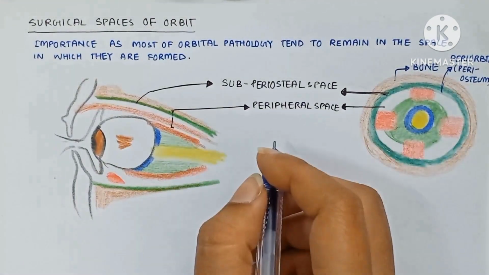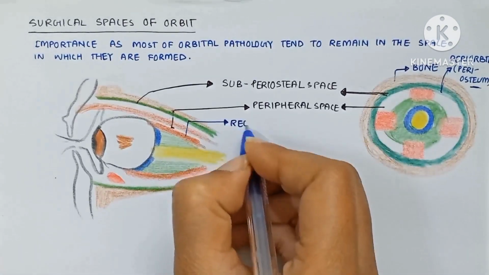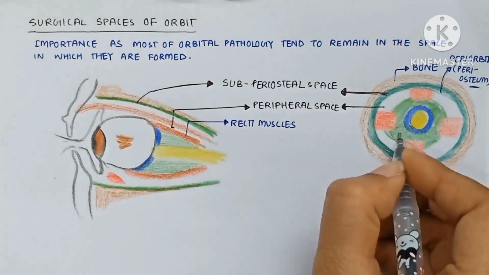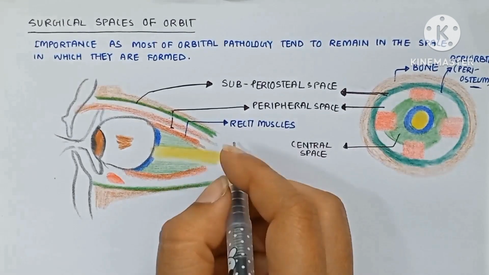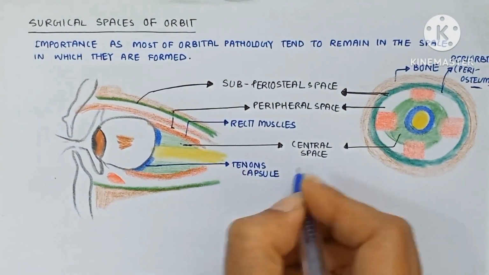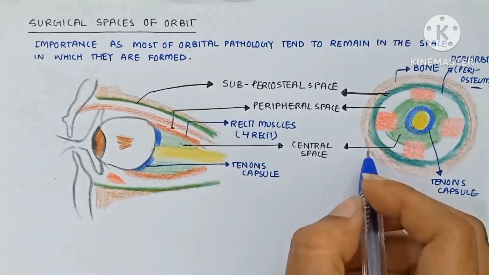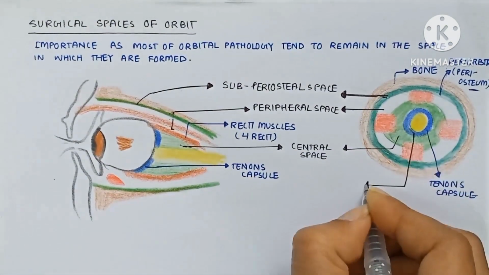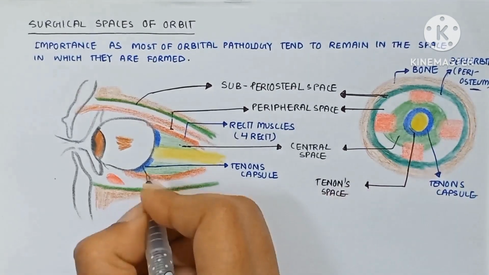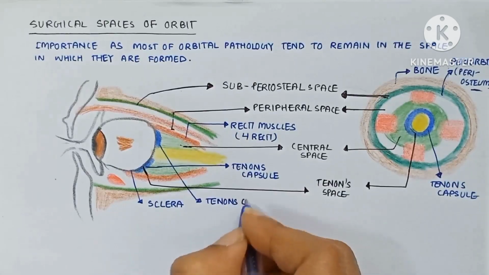It is bounded peripherally by the periorbita and internally by the four recti. This is the central space, also known as the muscular cone or retrobulbar space. It is bounded anteriorly by Tenon's capsule and peripherally by the four recti muscles. Now this is Tenon's space. It is a potential space around the eyeball between the sclera and Tenon's capsule.